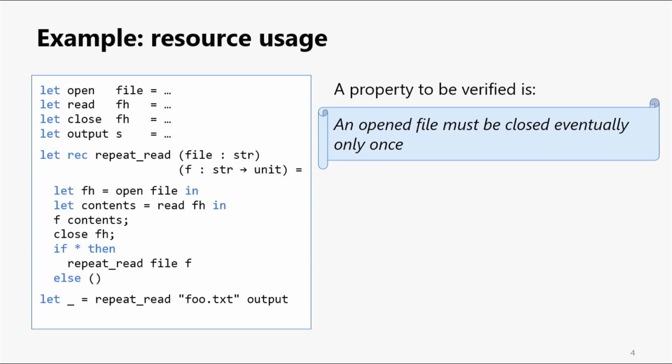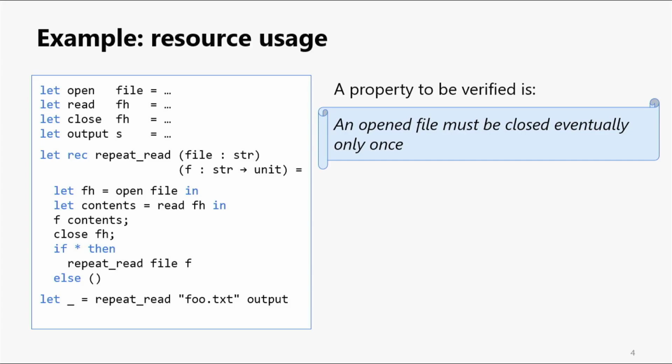First, this function starts by opening the file, then reads the contents, and the read content is passed to the argument function here. Then this main function closes the file handler. Finally, it uses a non-deterministic choice here.